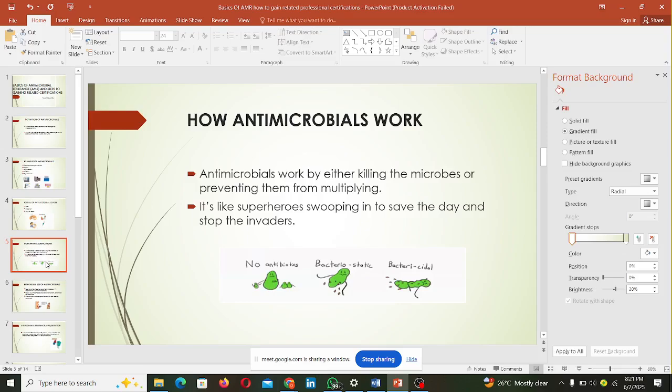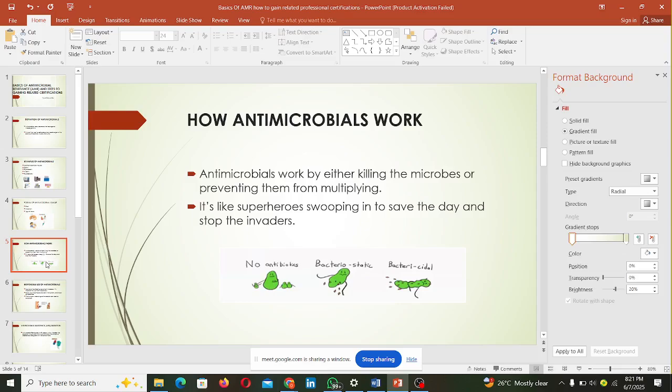Okay? So take a look at that picture. We have two forms. We have bacteriostatic and we have bactericidal. That's if you want to go further. Bacteriostatic stops the growth of the microbes from multiplying.